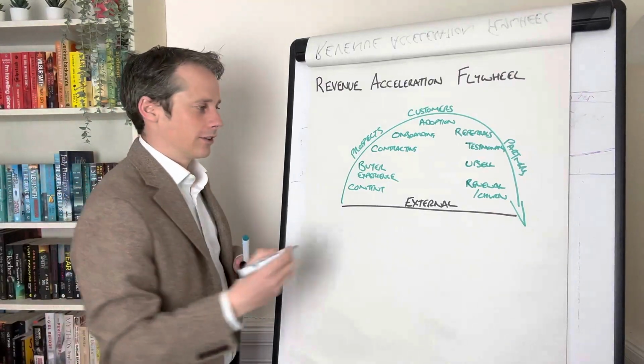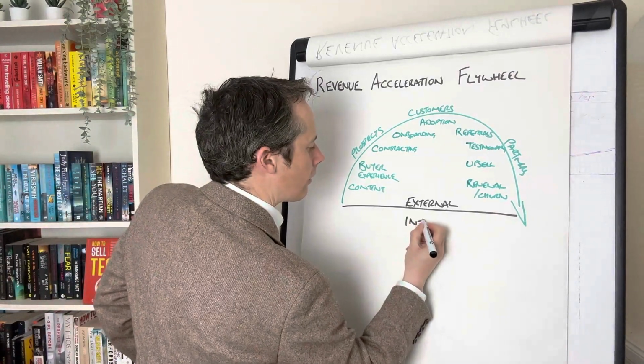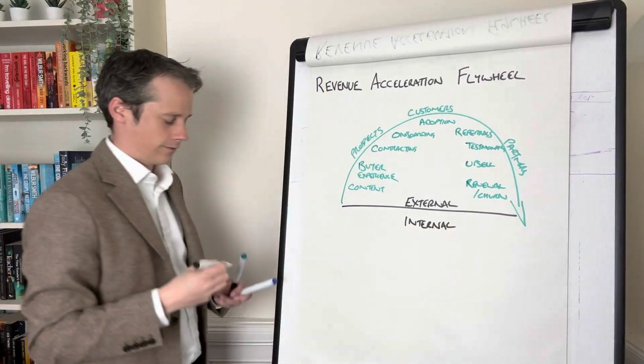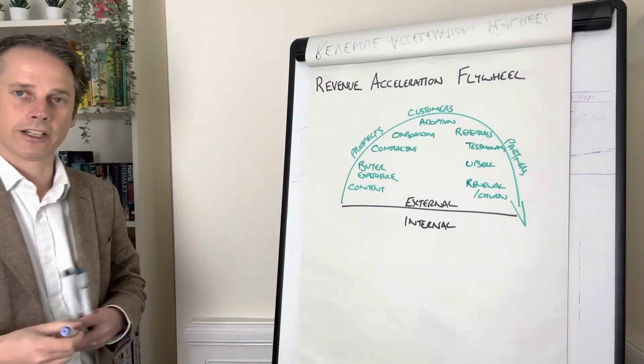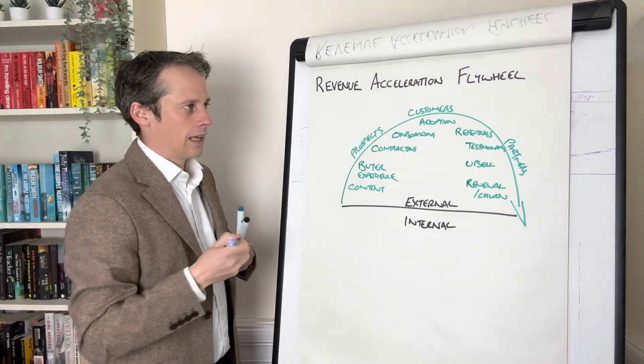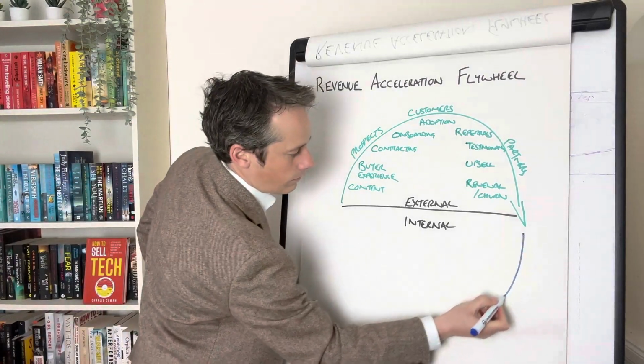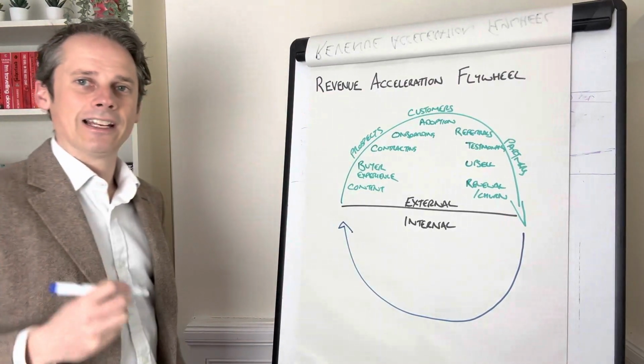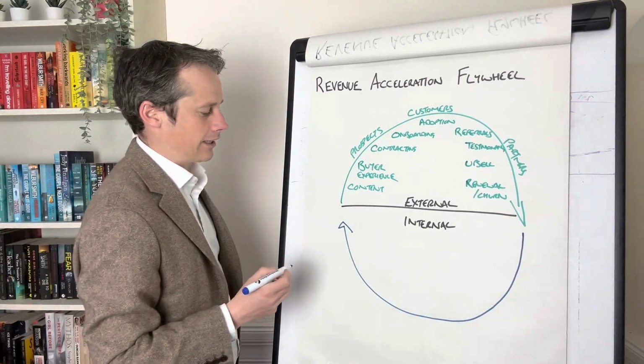Now below the line, we have the internal half of the Revenue Acceleration Flywheel. And here, we're thinking about an internal set of stakeholders.